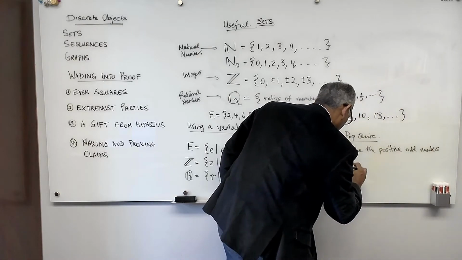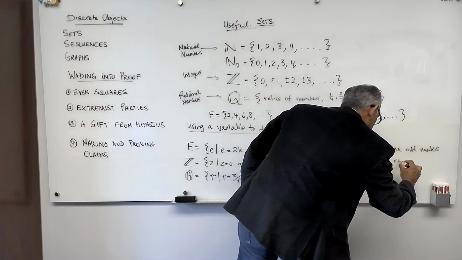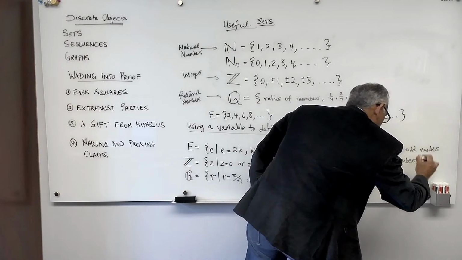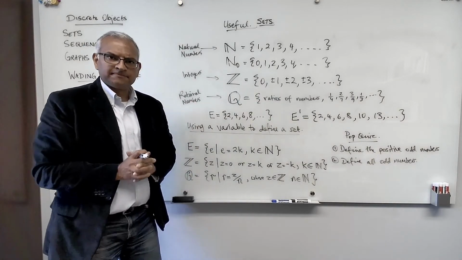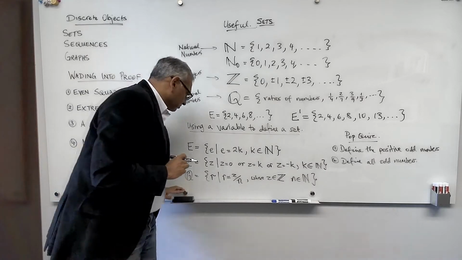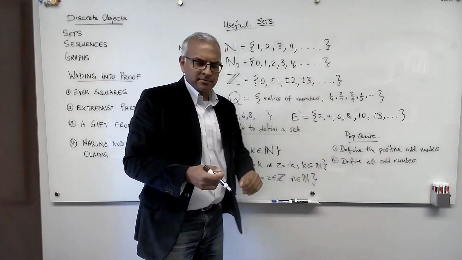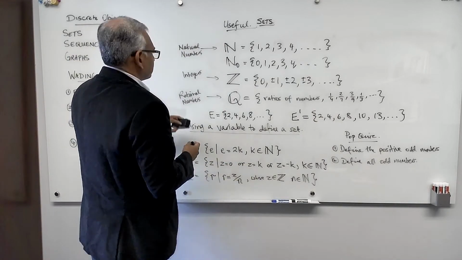Two, define all odd numbers. Pause the video, try to solve that. I'll give you a couple of seconds. If you pause the video and solve it, great, you're a good definer of things. If not, here, let me do it for you.